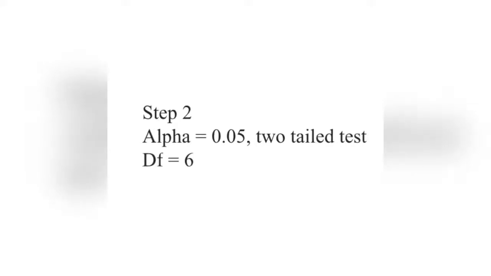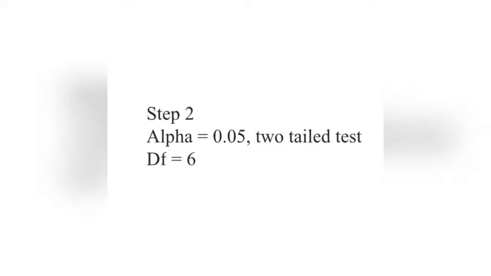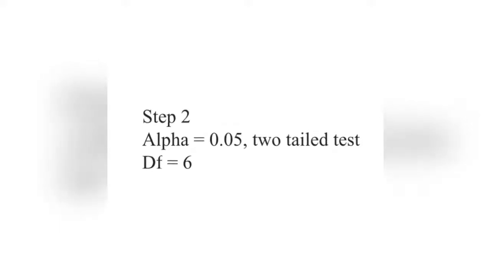To get it, we must subtract from the population, or n, 1. Therefore, we get 6. Step 3. To get the value of the alpha from 0.05 at the two-tailed row, go 6 steps down, and there we get plus or minus 2.447.